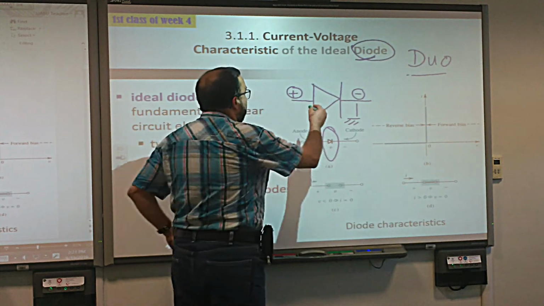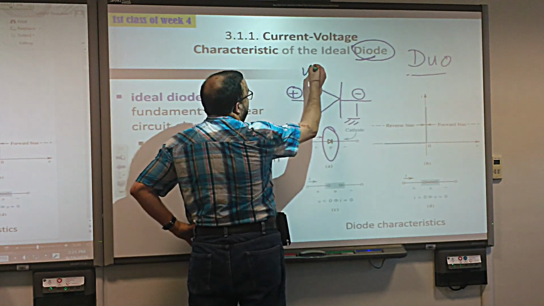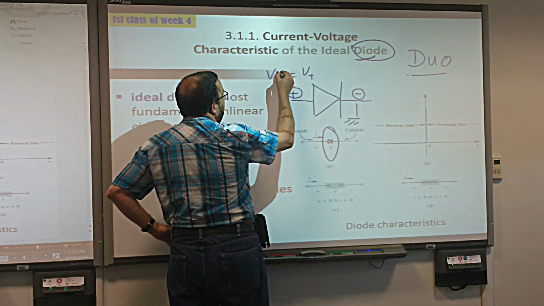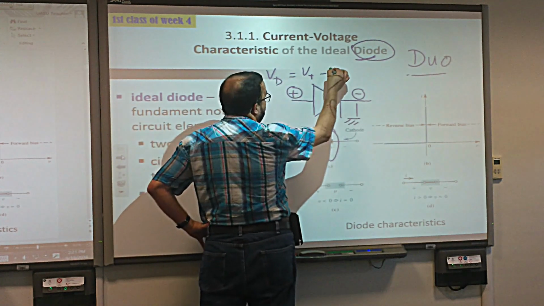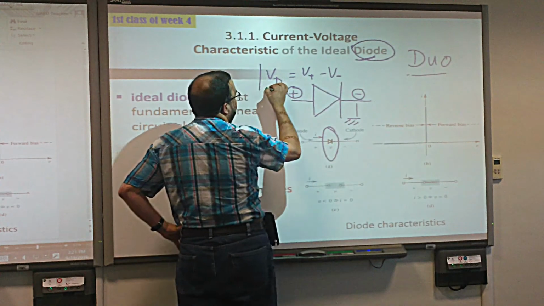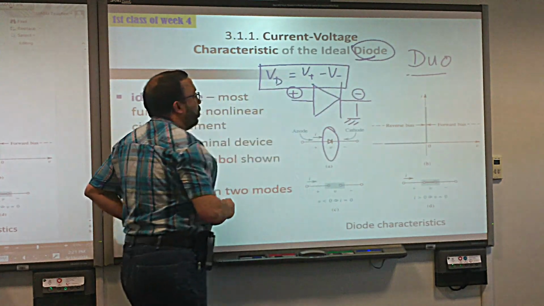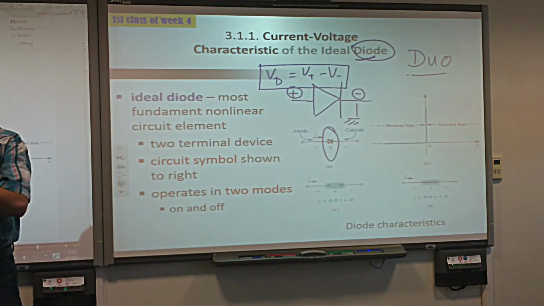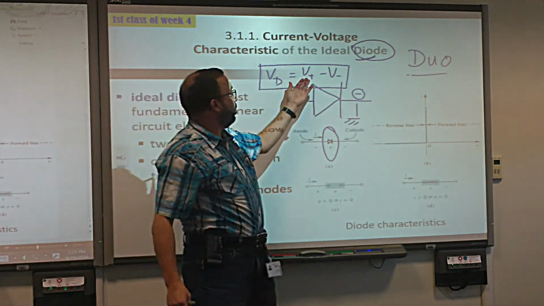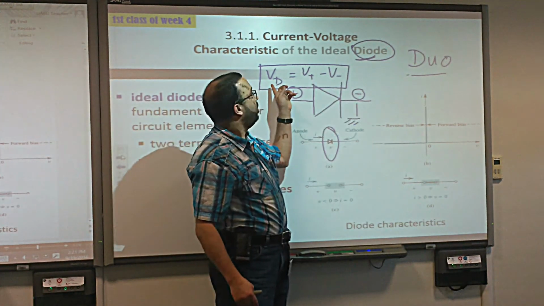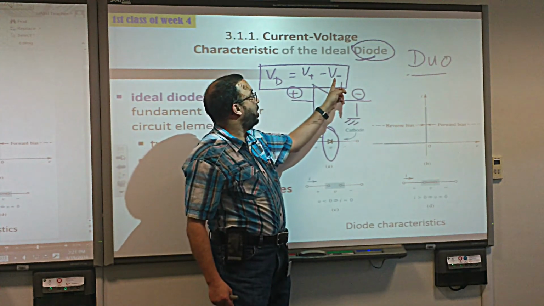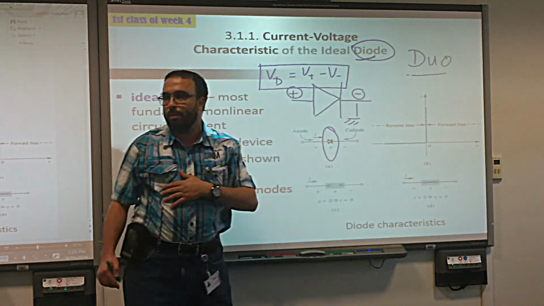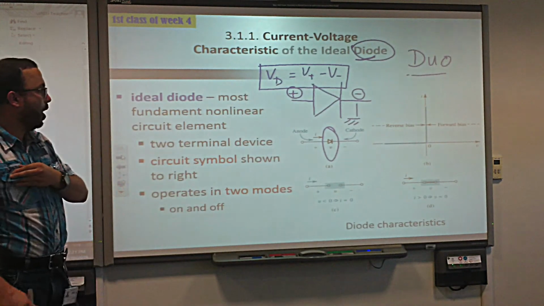So VD, the voltage of the diode, is always V plus minus V minus. If V plus is bigger than V minus, VD is positive. If V plus is less than V minus, VD will be negative. These are conventions to help us understand.